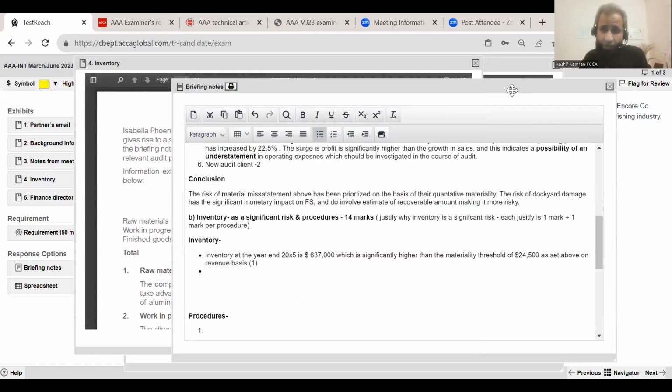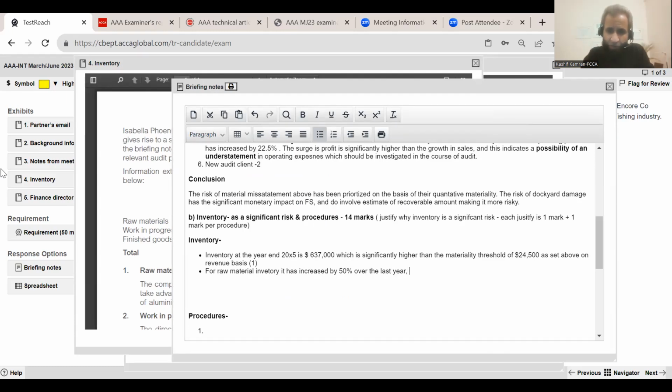Any unusual fluctuation, any unusual increase from the last year, makes something very specific for the auditor in terms of the risky area. For raw material inventory, it has increased by 50% over the last year.